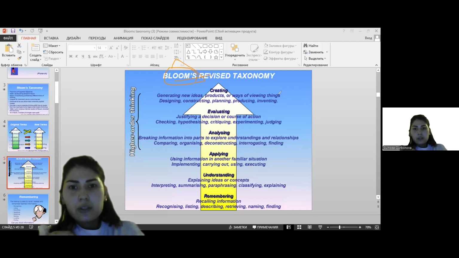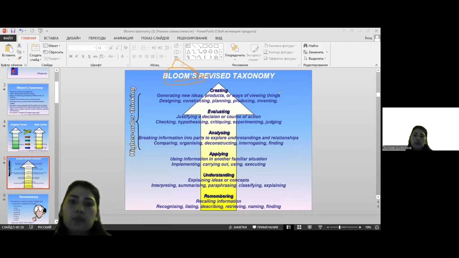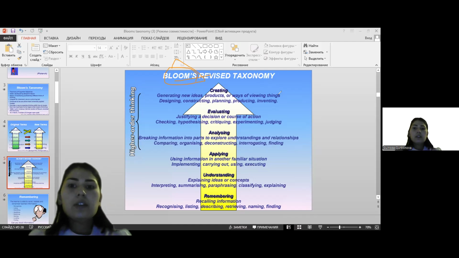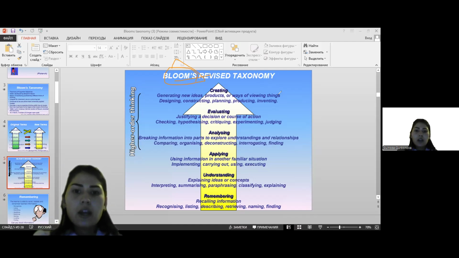Analyzing: breaking information into parts to explore understandings and relationships, comparing, organizing, deconstructing, interrogating, and finding. Applying: using information in another familiar situation, implementing, carrying out, using, and others.